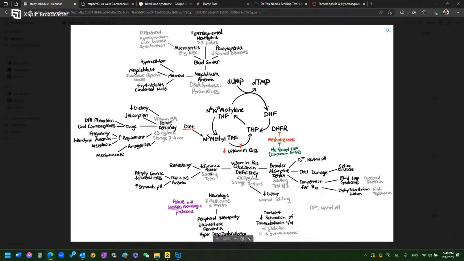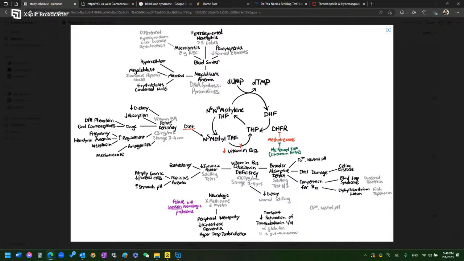So Schilling test 1 is if you absorb B12 at all. That's what that is. And so both of these are obviously going to fail, because you have a problem with absorbing B12.